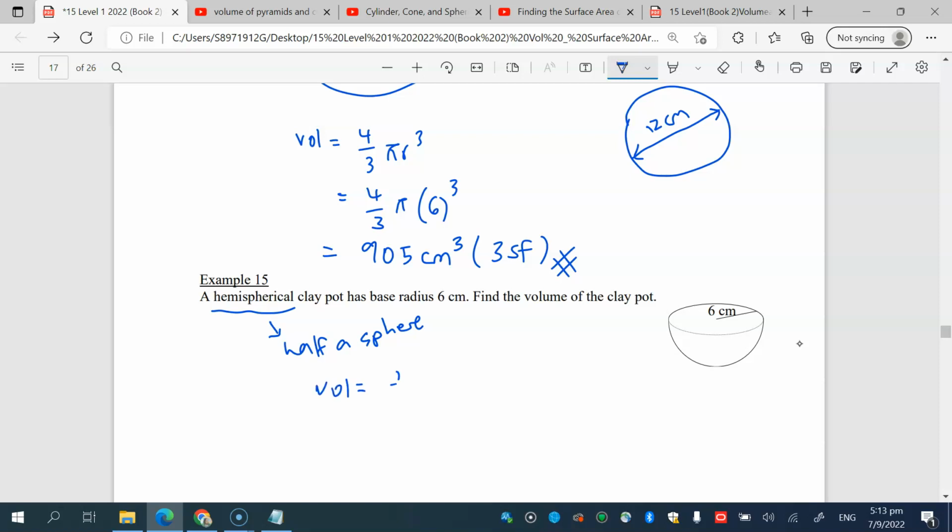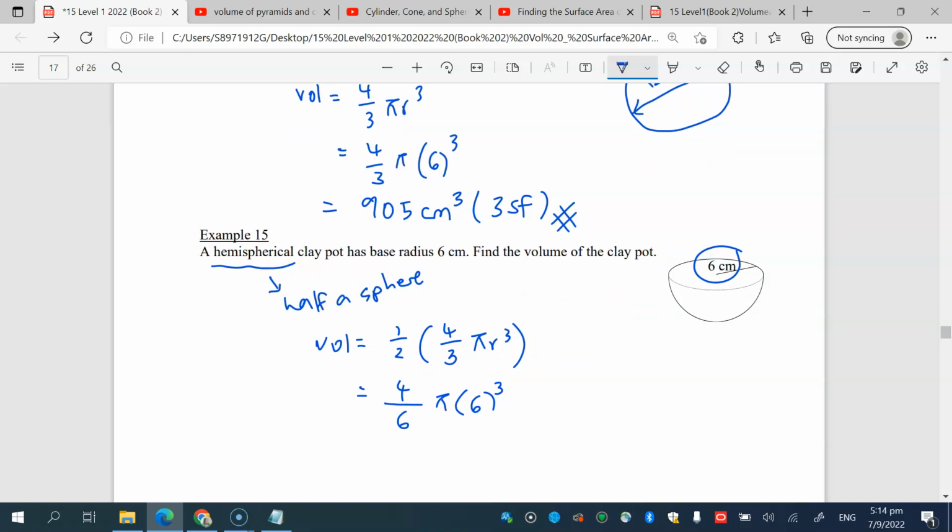So volume will just be half of 4/3 pi r cube. So half times 4/3, numerator times numerator is 4, denominator times denominator is 6. Then replace the r with 6 because radius is 6 cm, right? So it's 4 over 6 pi times 6 cube. 4 over 6 is just 2/3, and then 6 cube is 216.